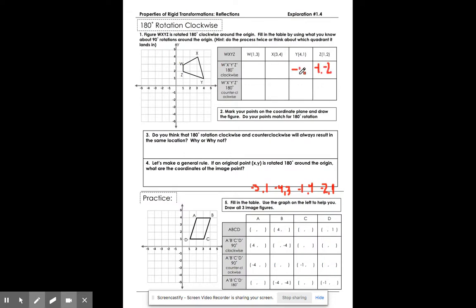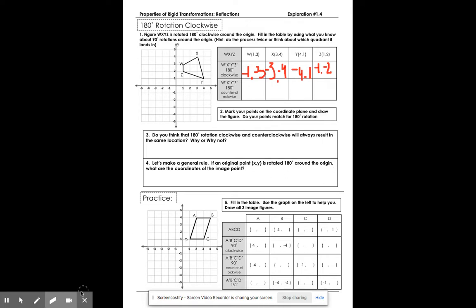This one will become (-4, -1), this one will become (-3, -4), and this one will become (-1, -3). And the exact same thing would happen if we went counterclockwise. That's the biggest difference between 90-degree rotation and 180-degree rotation.